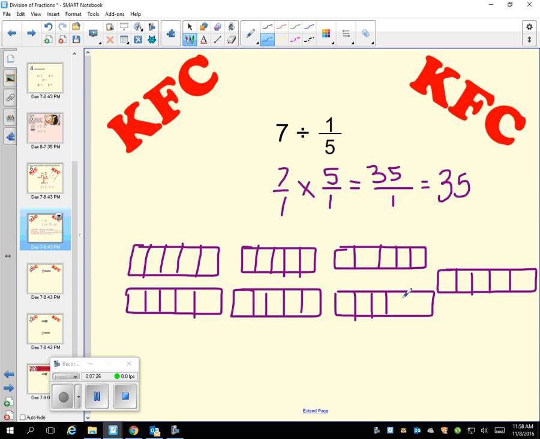What that does is it gives me 35 pieces. I know there's 5 pieces here, and I have 7 groups of those, so it gives me 35 pieces.